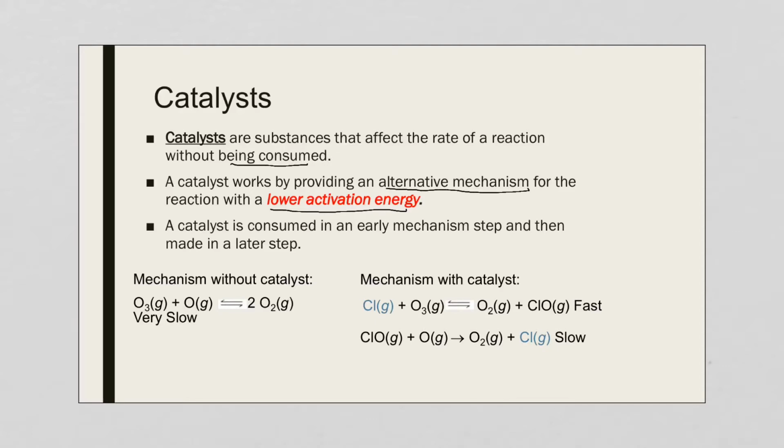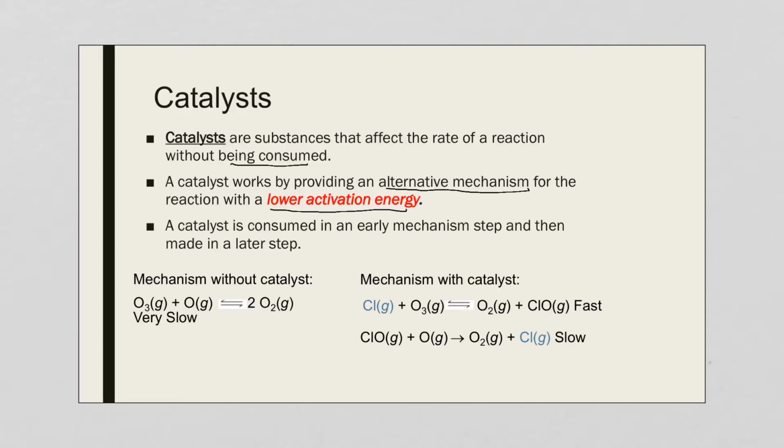So we can look at several examples. So I'm going to first of all talk about the example that the book talks about most, which is the breakdown of ozone, specifically in the atmosphere. So without any kind of catalyst, this is an extremely slow process, right? And this is why the ozone levels in the atmosphere stayed relatively constant, right?